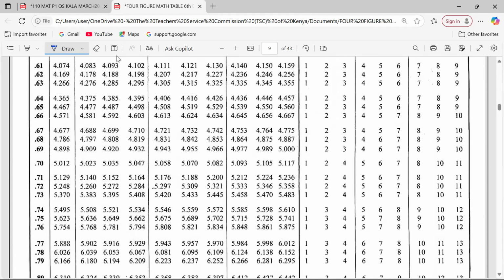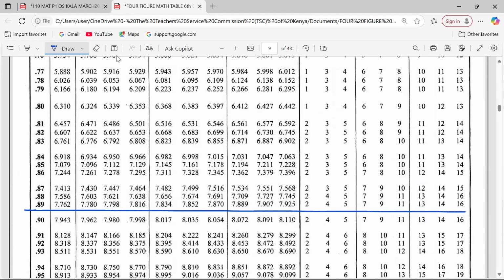We add what is on this column with 4, which is a 7. Therefore, we shall be having the value here, and we add 7. 7.762.